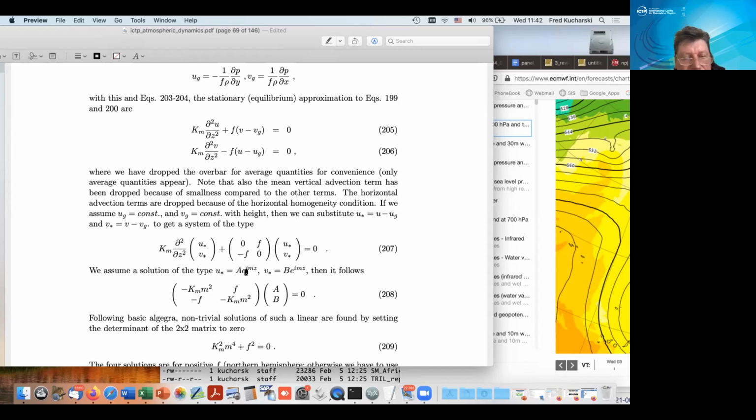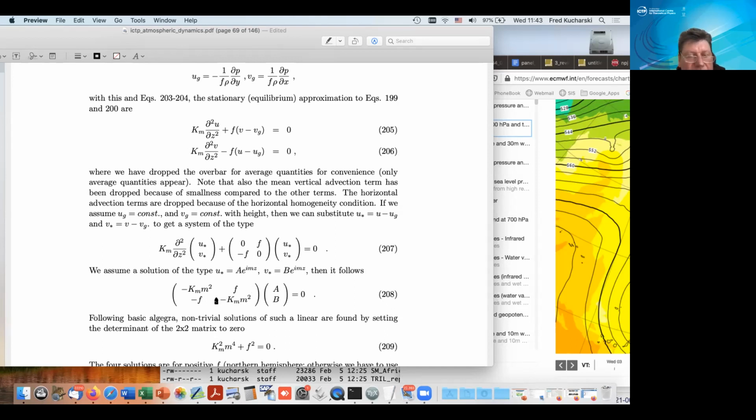If we simply insert this and work out this derivative, which of course brings us the minus m squared down, and then there's this parameter here, and then this just doesn't do anything, and then we divide by our amplitude and by the exponential function here, then we get our matrix that we have had several times already.